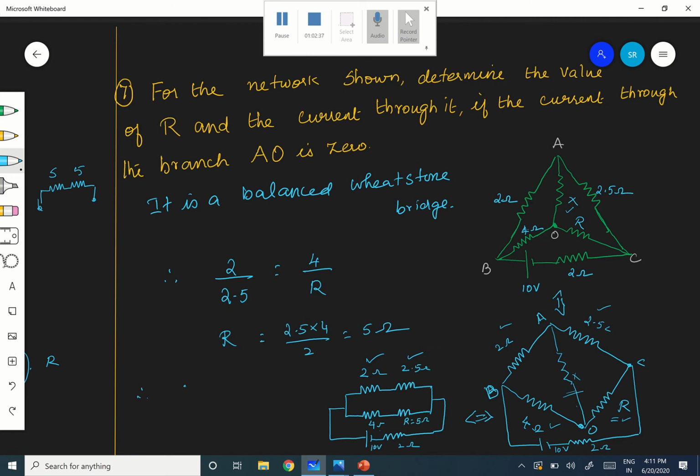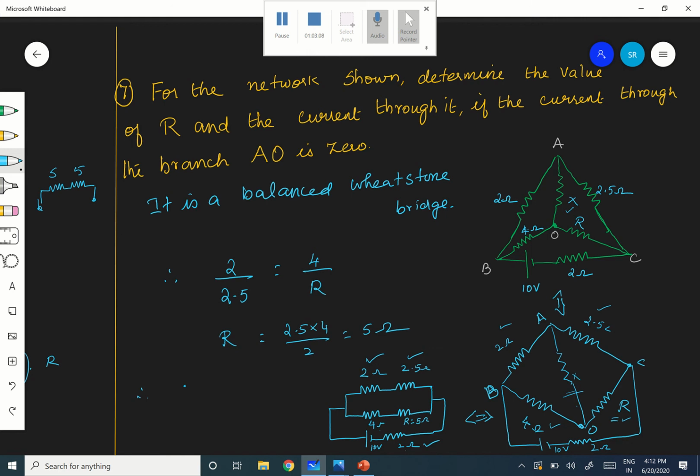Okay, what is the resistance here? This parallel combination is connected in series with 2 ohm. Hope you are following, children. 2 and 2.5 is 4.5. 4.5 and 9 are in parallel. Find out the net resistance. For a parallel combination, R1 R2 divided by R1 plus R2, and that combination is in series with 2 ohm.